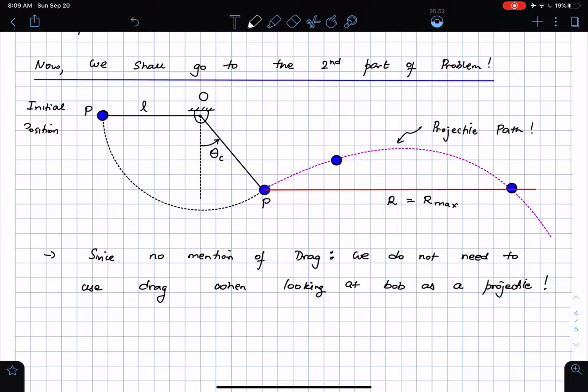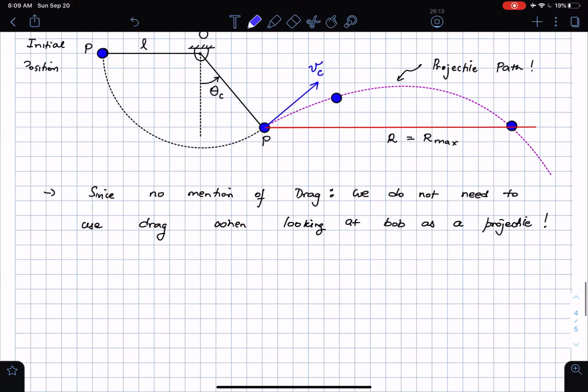The important thing that I want to mark in this figure are the following. Right as the bob gets cut, it's going to have a certain velocity. This is the direction of the velocity as the bob gets cut. Let's say this is velocity vc, the velocity of the bob at the time the string is cut.